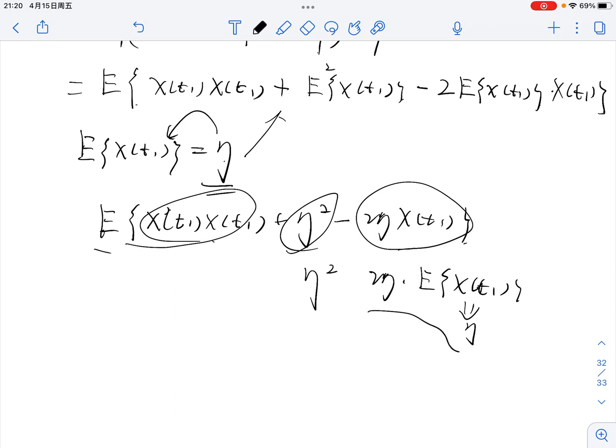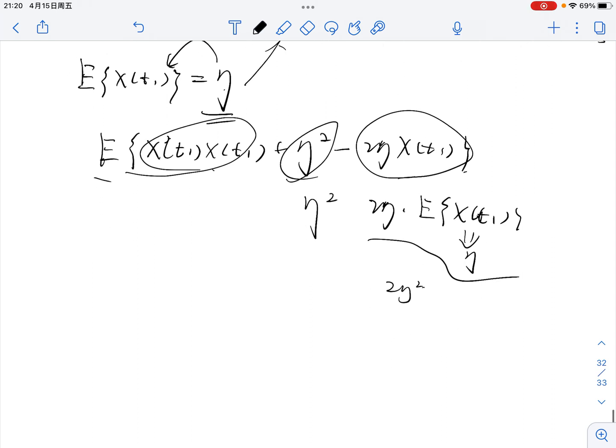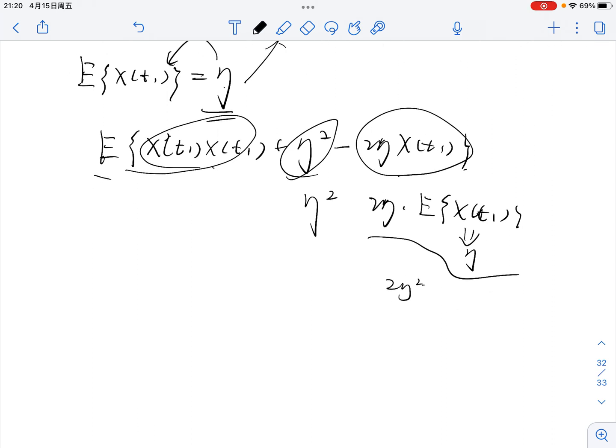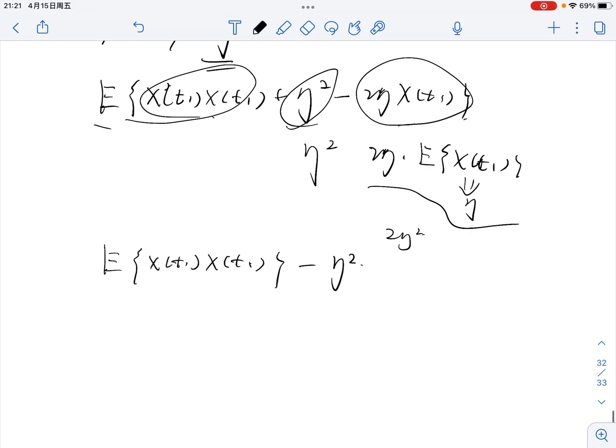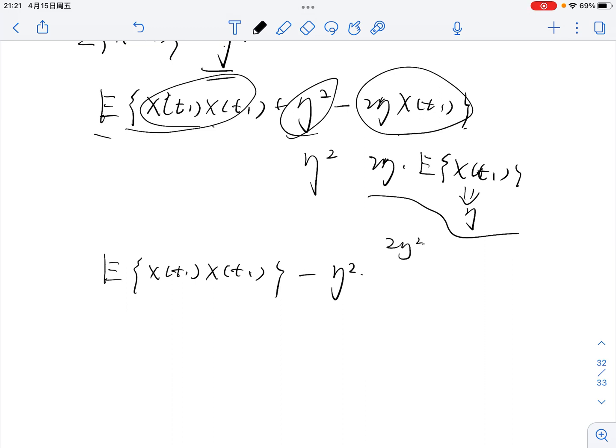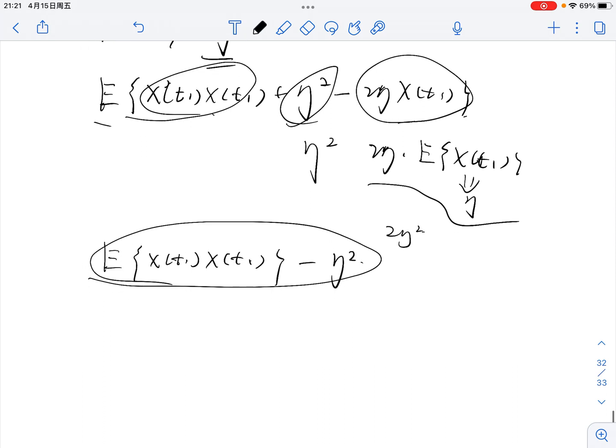So this term is nothing but 2 eta squared. We can rewrite the first term in the covariance matrix as the expectation of x(t1) x(t1) minus eta squared. This is a general, uniform solution for all the terms in the covariance matrix.